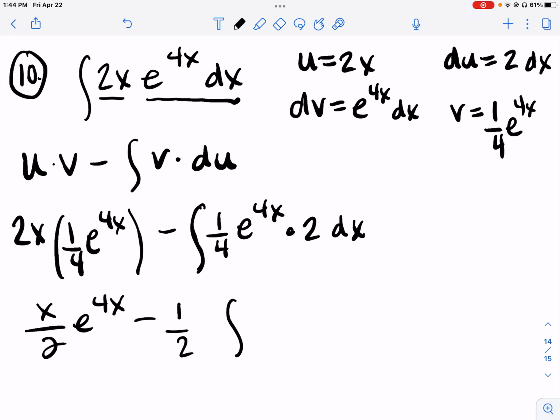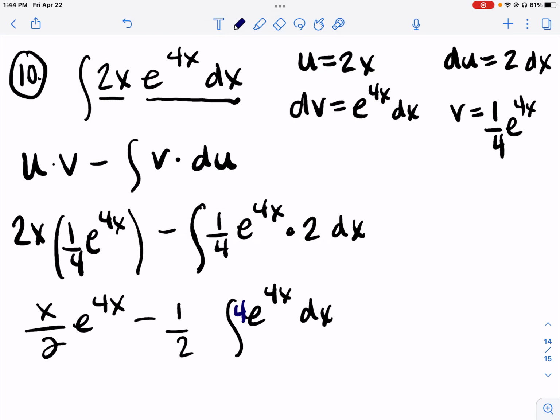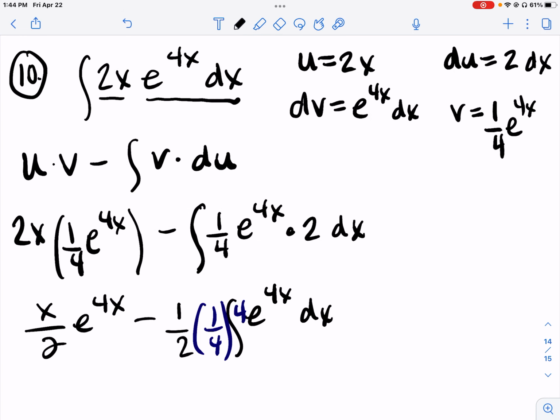Okay, now we got to integrate e to the 4x again, which is the same thing, multiply a 4 and a 1/4. Let's clean this up. 1/4 and 1/2 is 1/8.